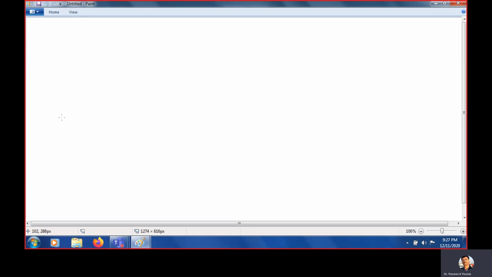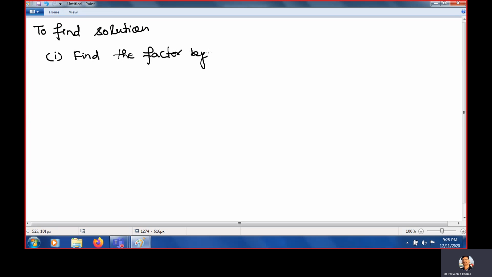Clear? So to find the solution, first find the factors by converting it into f(x) = 0.